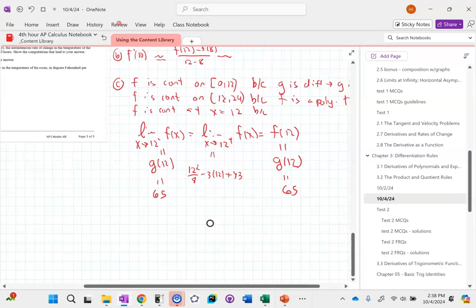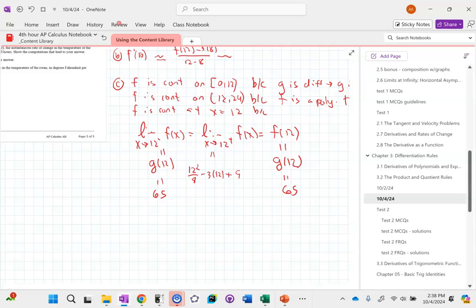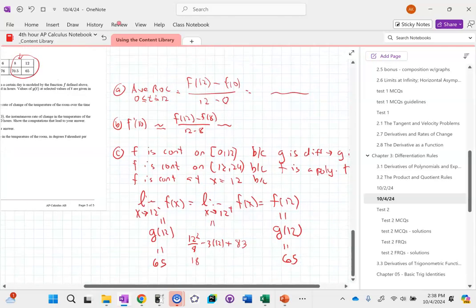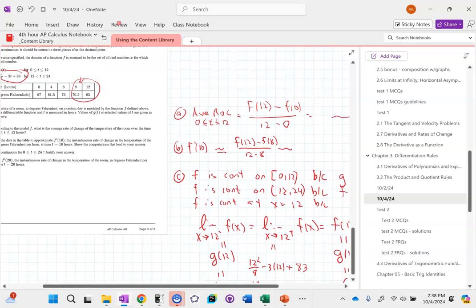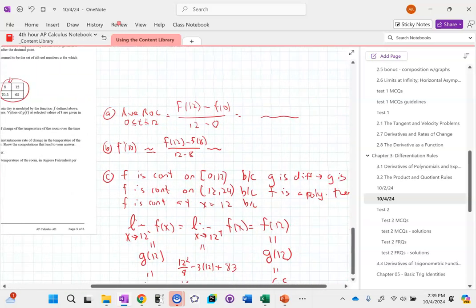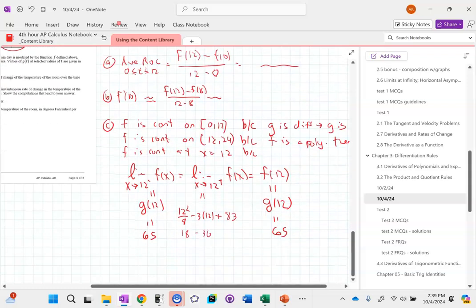So 12 squared over 8 is, let's see, it's 9, I think? No, 18. And then, oops, that was 83 there, right? Yeah. And then I have minus 36 plus 83, that is 65. So we're good.